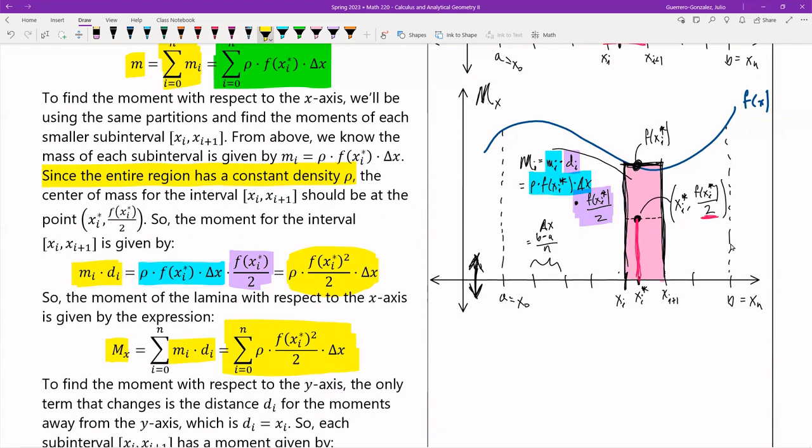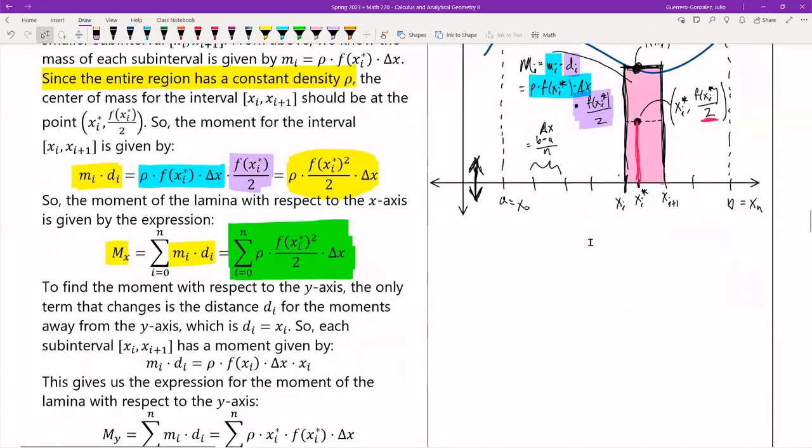This is another one that I'm going to highlight in green because we're about to turn this into an integral. So that is the moment of our shape with respect to the x-axis.